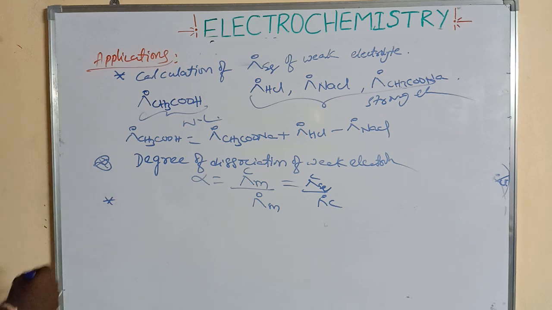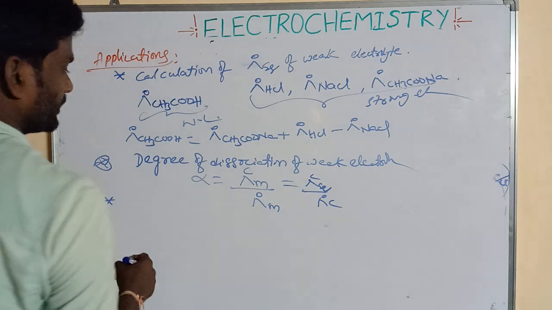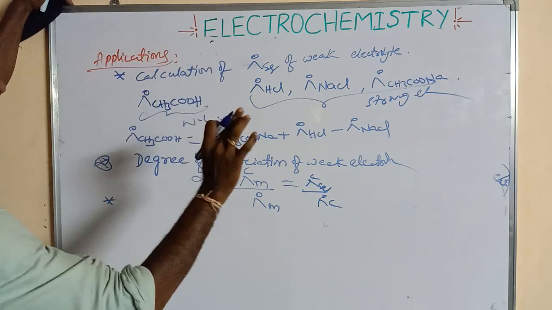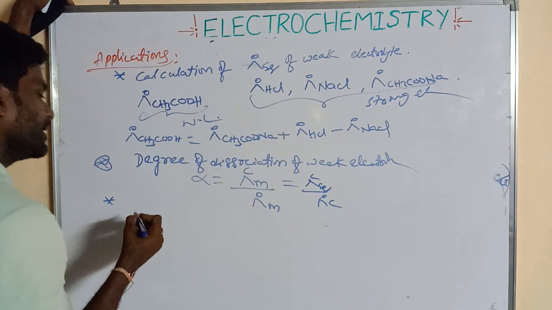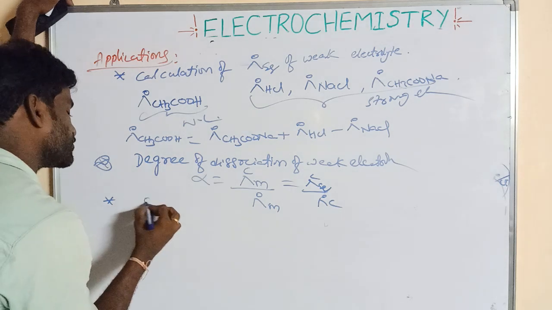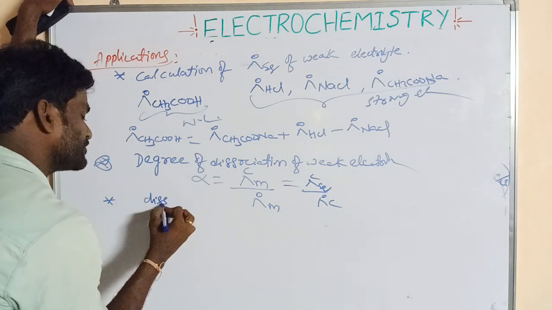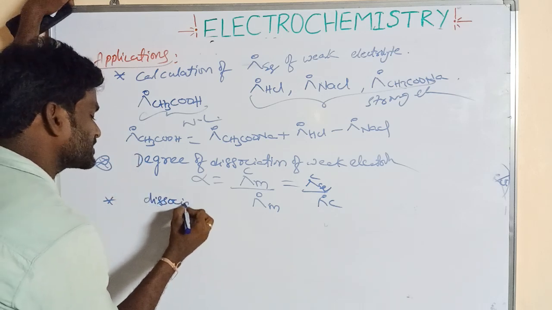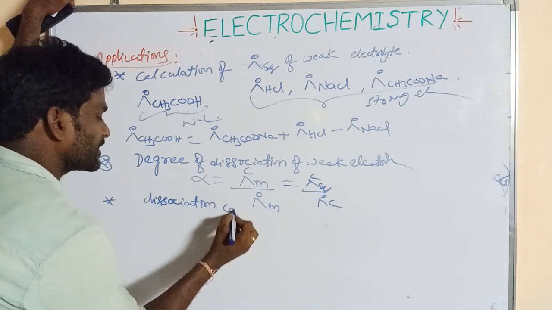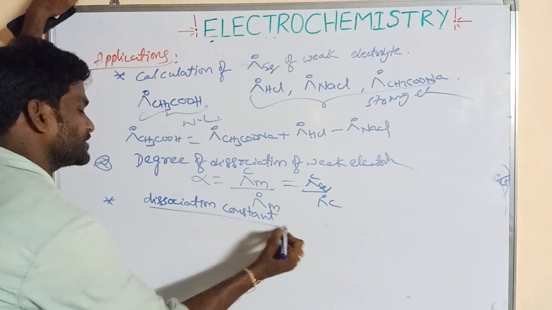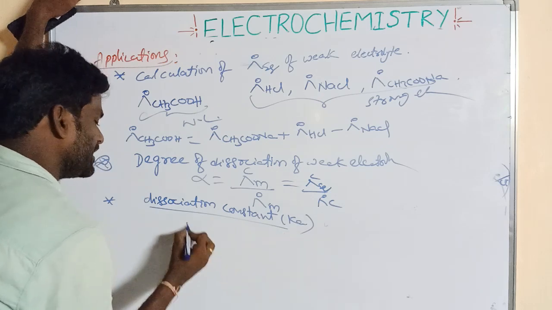Now what is the third application? The degree of dissociation of a weak electrolyte is over. Now the dissociation constant can also be calculated by using Kohlrausch law, the dissociation constant for weak acids or weak bases. The dissociation constant is represented by Ka for acids.